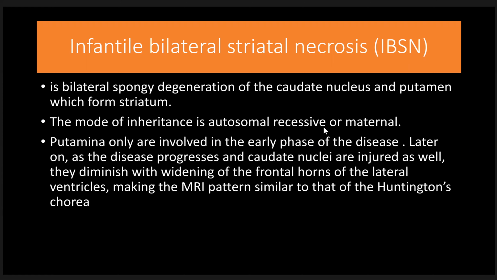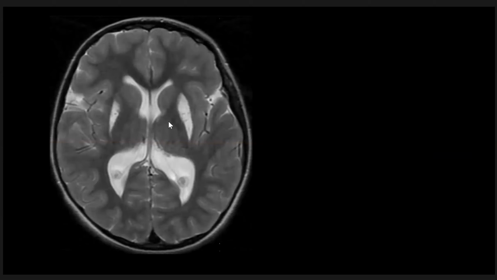And in this patient, we have infantile bilateral striatal necrosis involving both putamina in the early stage of the disease in this T2 weighted axial image.